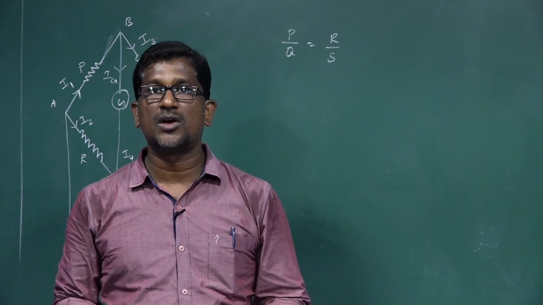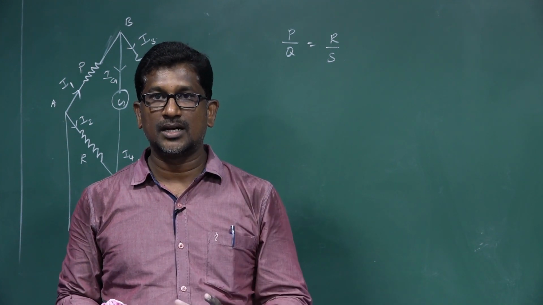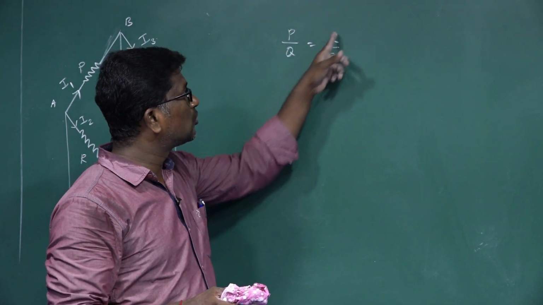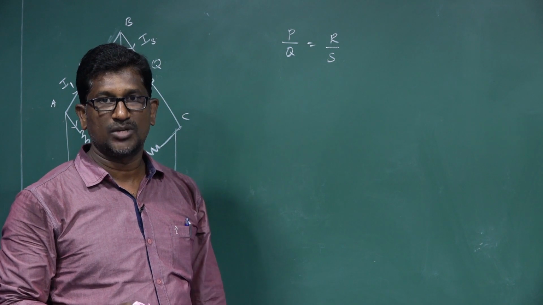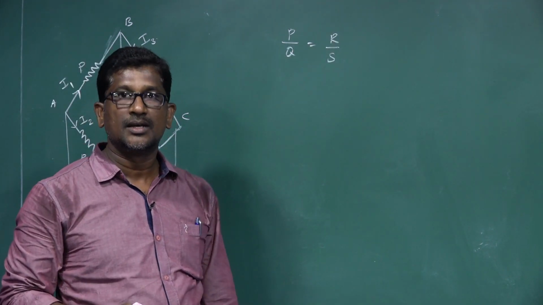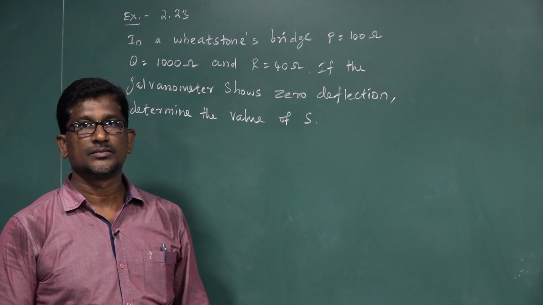The working principle of the Wheatstone bridge is null deflection. In the null deflection method, there is an equation, P divided by Q is equal to R divided by S. This is called the bridge balance condition. Based on the bridge balance condition, some problems are there in our textbook. Let us see that.